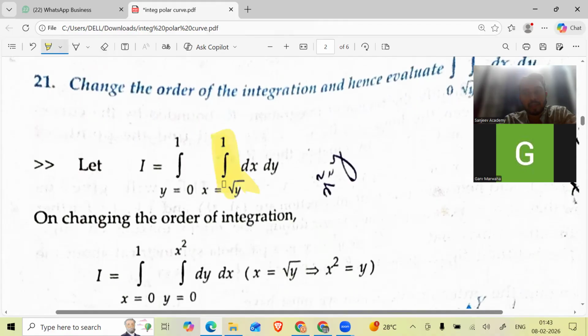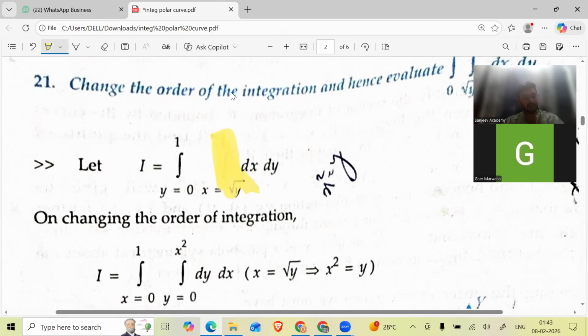So square it. Squaring means it'll come, x square is equal to y. If it comes x square is equal to y, then it touches x axis. Clear?